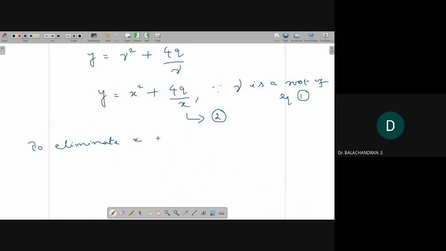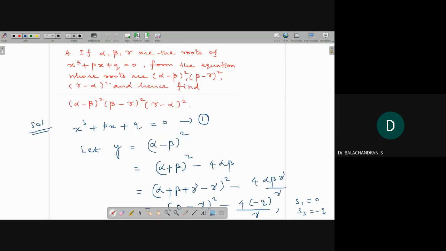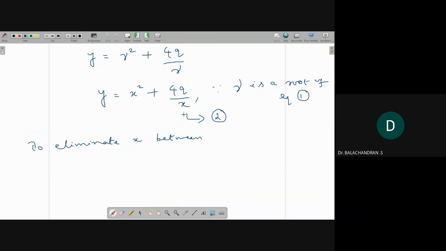x between equation 1, the given equation, and the relation. So now from equation 2, if we multiply throughout by x, xy equals x cube plus 4q.